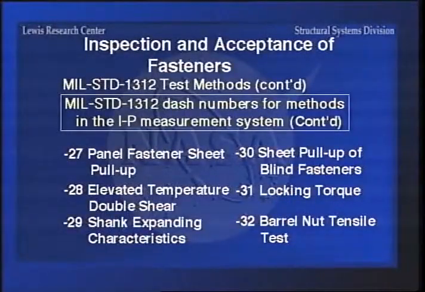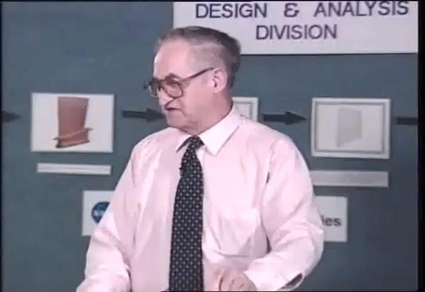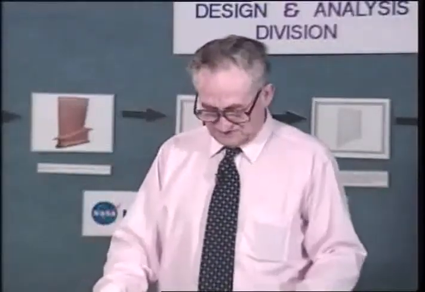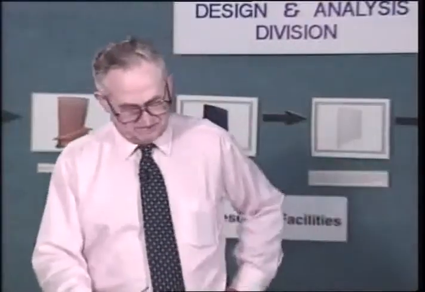Then you have locking torque tests. And this last one here, I'm not sure whether the final copy of that one is even in the book yet, but I know at the last committee meeting we had, it was discussed that that one was being published. Barrel nut tension tests, which we didn't have, Dave, when we did the CM1 V-bands.